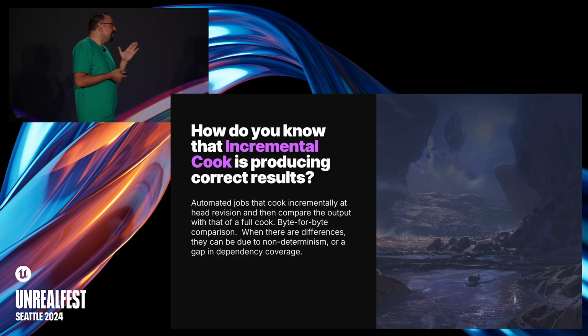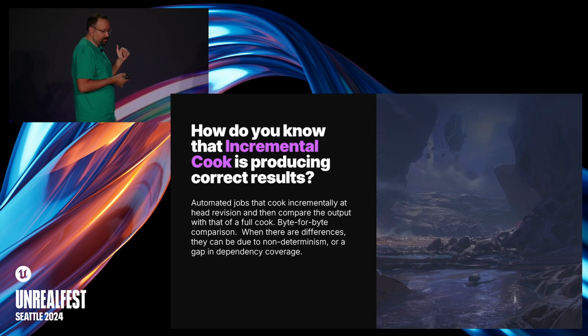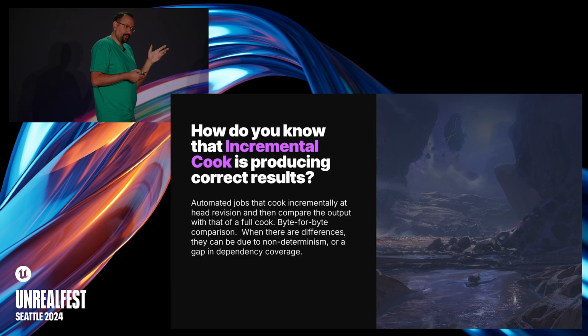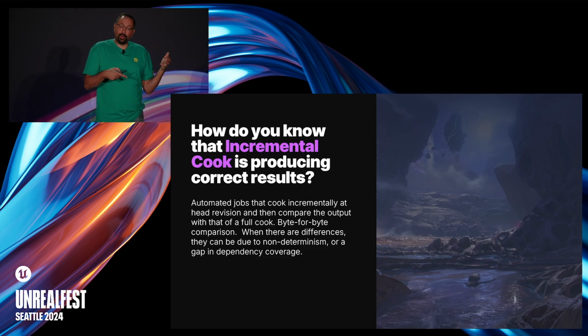This is a byte for byte comparison. And when there are differences, they can be due to non-determinism, or they could be due to a gap in dependency coverage of our incremental cook. And we've been using that to get a better understanding of where those gaps are and following up on them and getting them addressed.